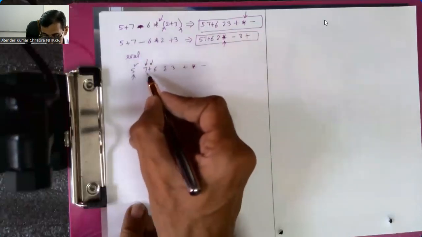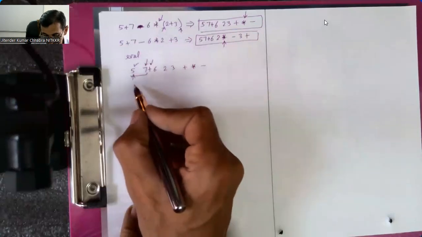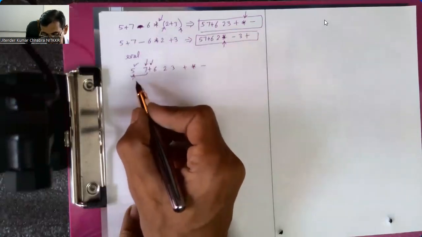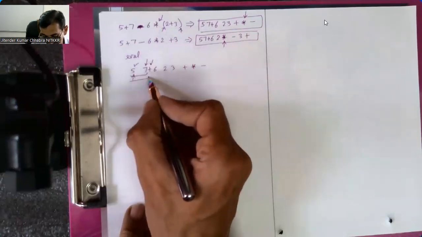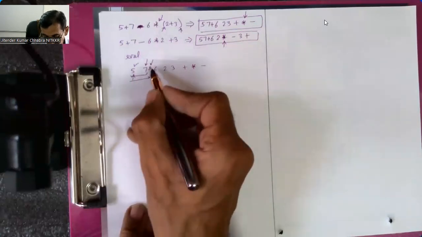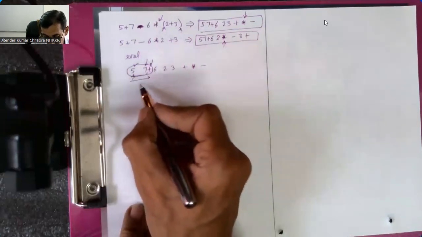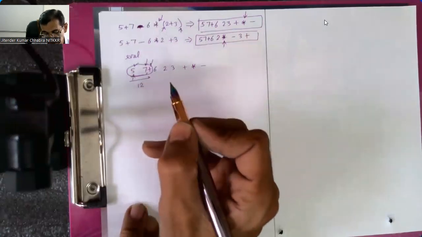Plus, as soon as plus comes, it means the previous two are its operands, guaranteed. So as soon as I reach plus, this is computable and 12 becomes the value.